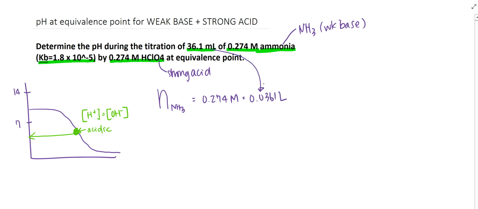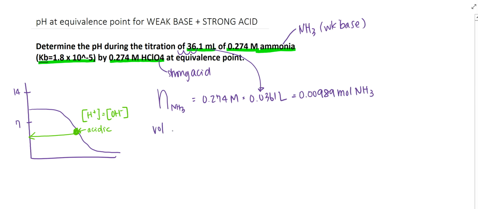I've just converted it in my head by moving the decimal point 3 places, because we are dividing by 1,000. If you do the calculations you end up with 0.00989 moles of NH3. So you know for a fact that you also need the same exact number of moles of strong acid.